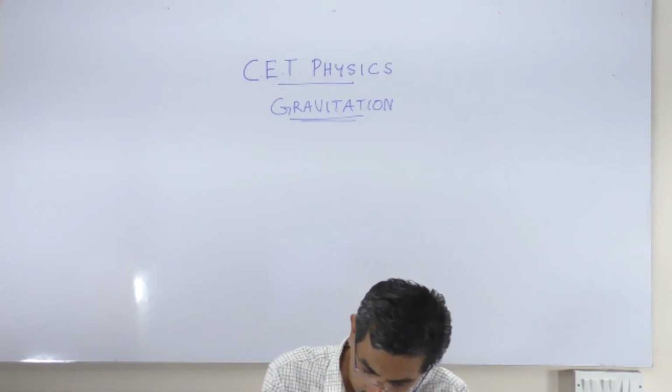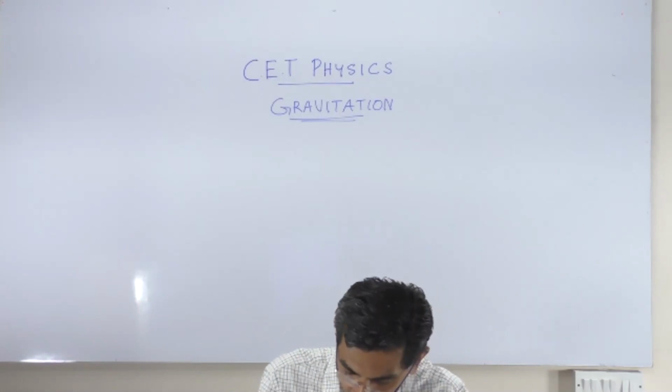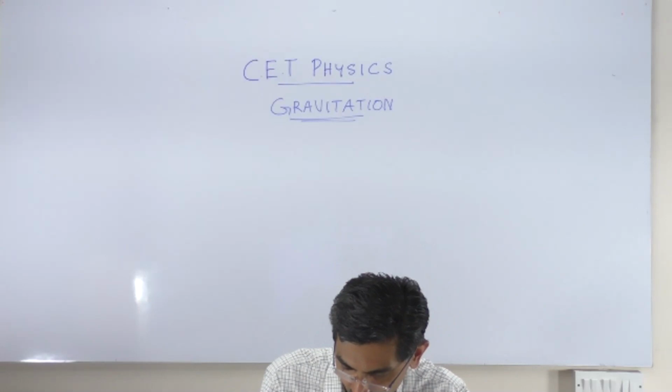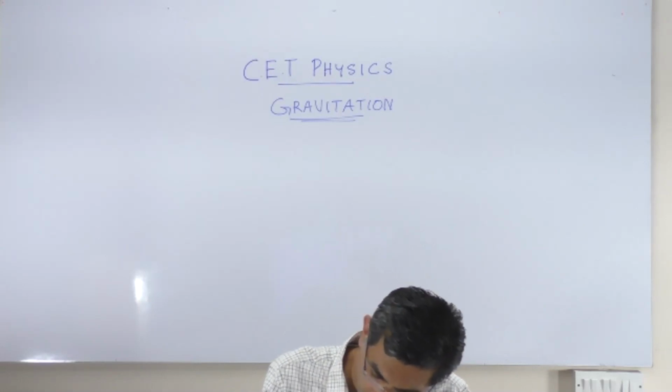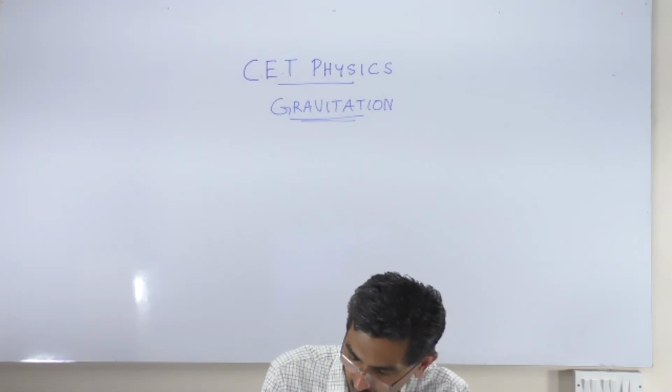The fourth important point is the energy of the satellite. It consists of both kinetic energy and potential energy.